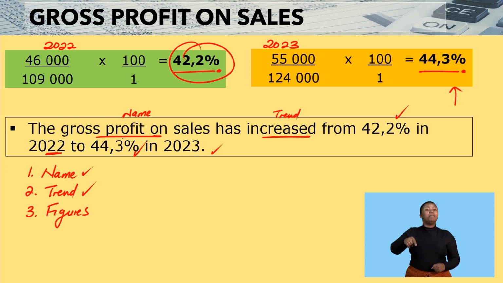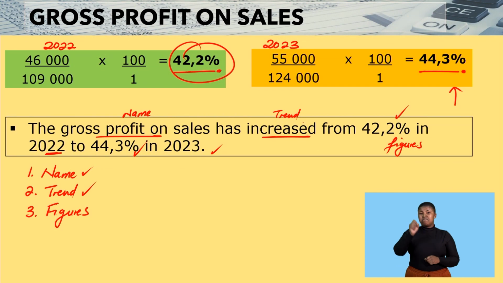You can see here I am now bringing figures. So when I comment, I don't just speak haphazardly. I need the name, I need the trend, and I need the figures. Very, very important that after calculation, you compare, then you comment.